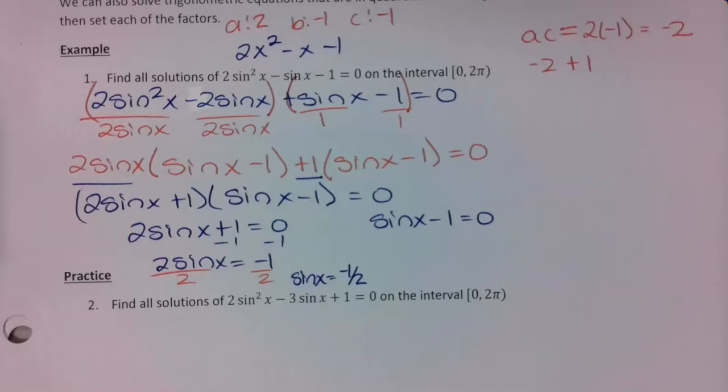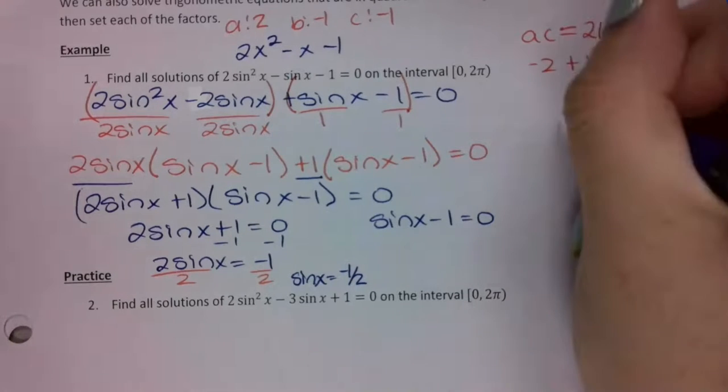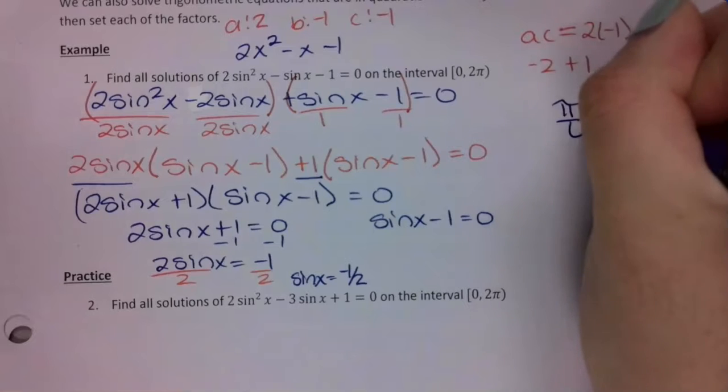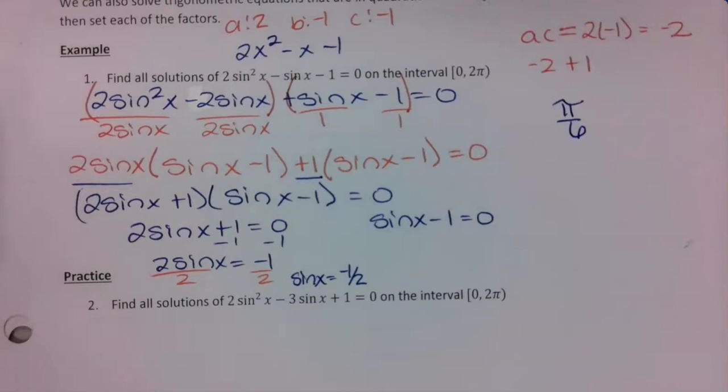Where does that happen at? Pi over 6, and where else? Wait, no, this is negative 1/2.